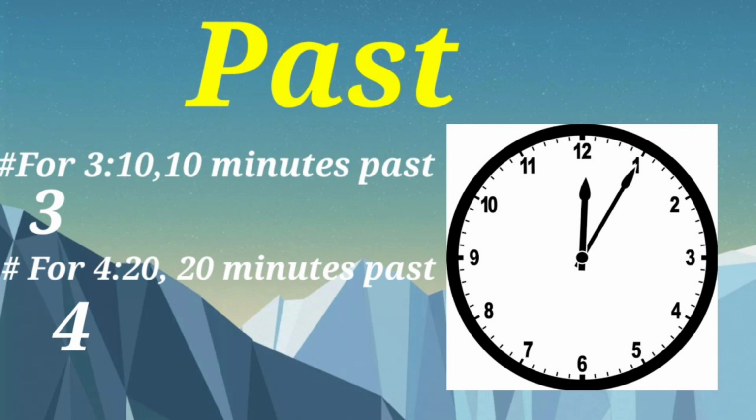How will you answer? Ten minutes past 3. So you will have to use the word past, like ten minutes past 3. For 4:20, you will have to use twenty minutes past 4. So you will have to use the word past while answering the times between 12 and 6, which is the right part of the clock.